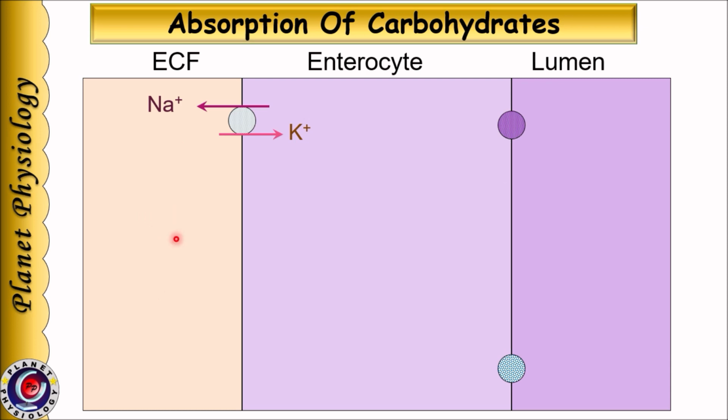This side is extracellular fluid, and therefore this border of the enterocyte is called as basal border of enterocyte. Basal border has many sodium-potassium pumps. They pump 3 sodium into the extracellular fluid and 2 potassium into the enterocyte, and therefore they maintain very low concentration of sodium within the enterocyte.